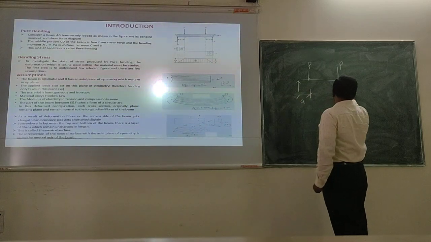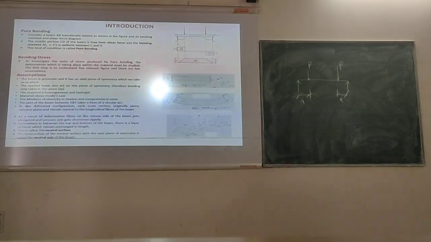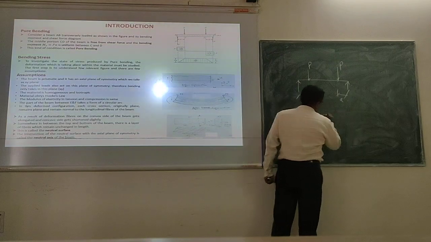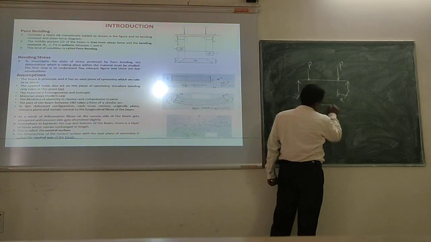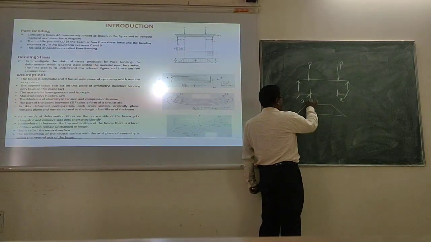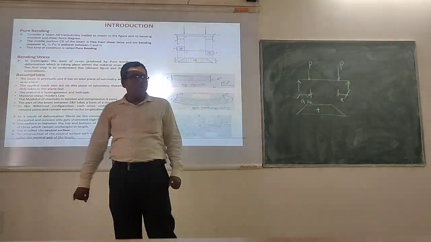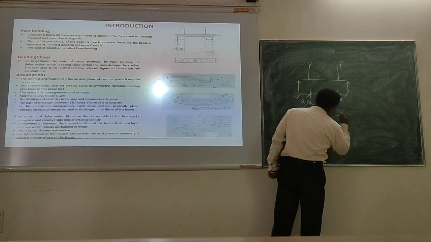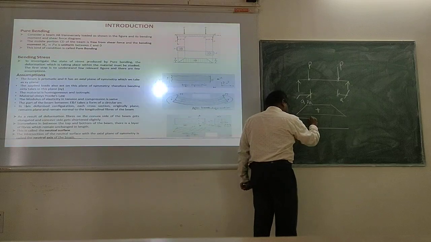Then you get a typical bending moment diagram which will be trapezoidal in shape, and the bending moment value over here will be P into A, a positive bending moment, right? And if you see the shear force diagram, for this portion of the beam, yesterday we have understood this, right?